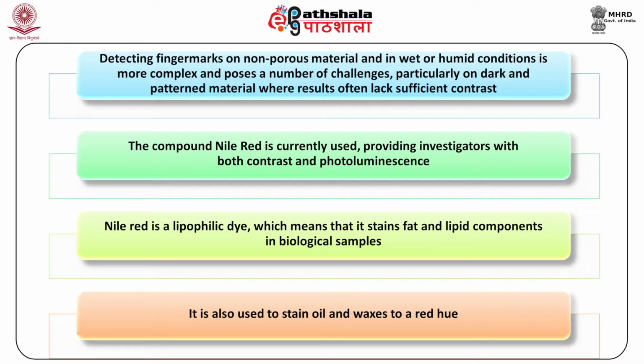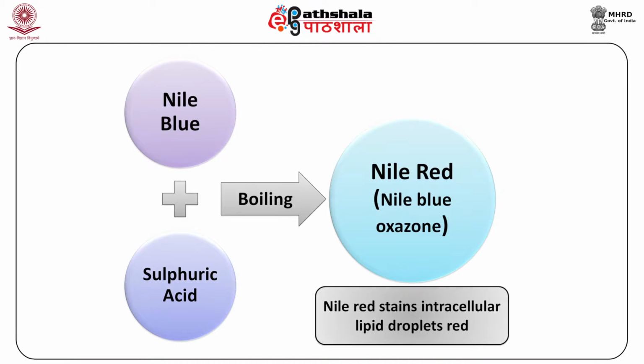It is also used to stain oil and wax to a red hue. Nile Red, also known as Nile Blue oxazone, is produced by boiling a solution of Nile Blue with sulfuric acid. Nile Red stains intracellular lipid droplets red.